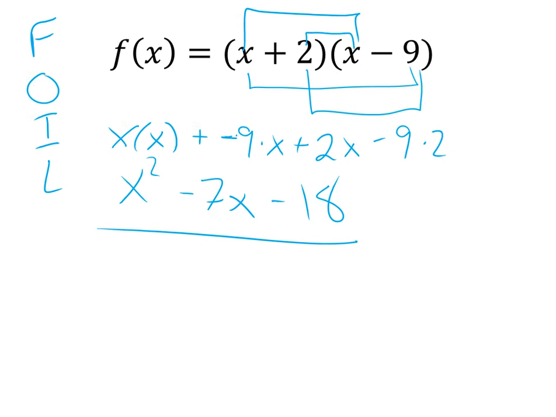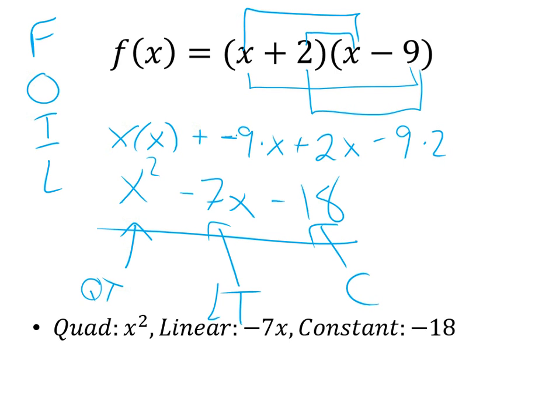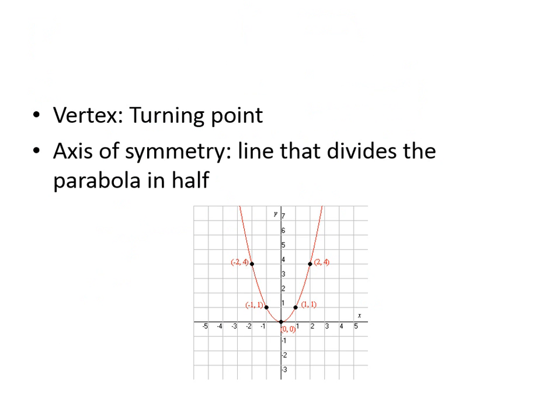As we see here, that would be a quadratic function. The first one is our quadratic term, negative 7x is our linear term, and the last one is our constant. So you want to make sure you multiply everything through so that you're able to see what the function is.